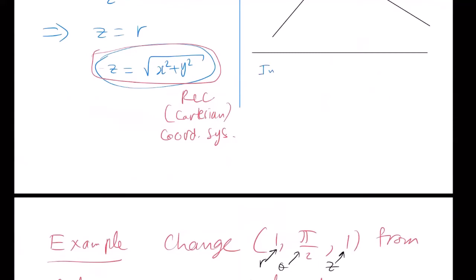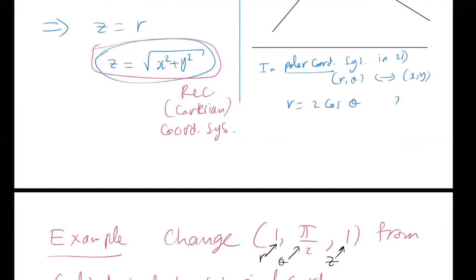In the polar coordinate system, r and theta are related to x and y in 2D. If we have r equals 2 cosine theta, what does this equation represent? The idea was to change it into x and y.